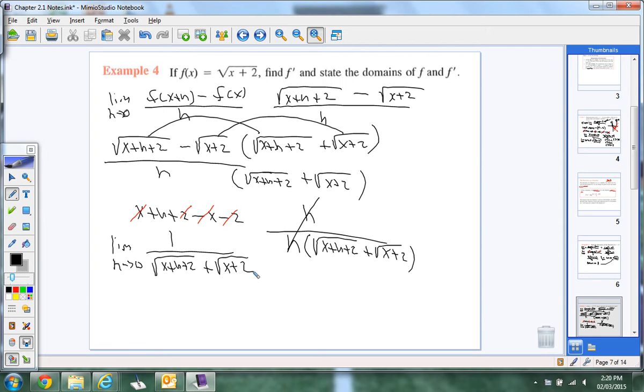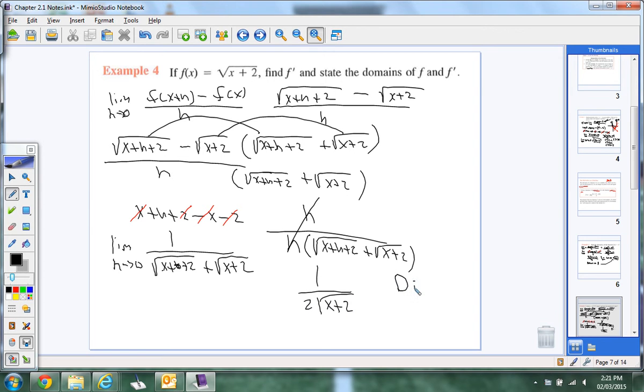If I put 0 in, now what you're saying is right, Morgan, because I put a 0 in for h, I'll have 2 square root of x plus 2. So then I can put them together. What she just asked was, can I put these together? Now I can't, but if I put a 0 in, now they're both square root of x plus 2, so I have 2 root x plus 2. So your limit is simply 1 over 2 root x plus 2.